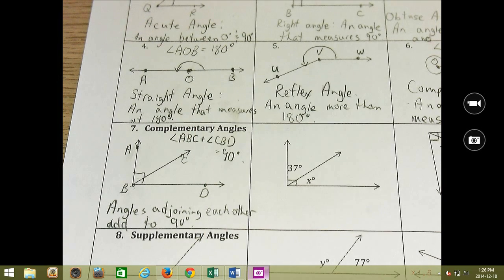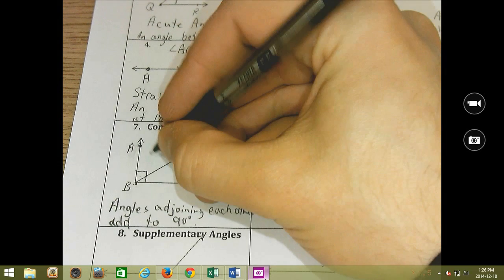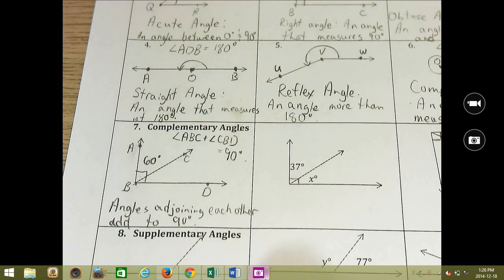So in this case, what we can say is a very simple example. If this is 60 degrees, I know that to get to 90, I need 30 degrees.